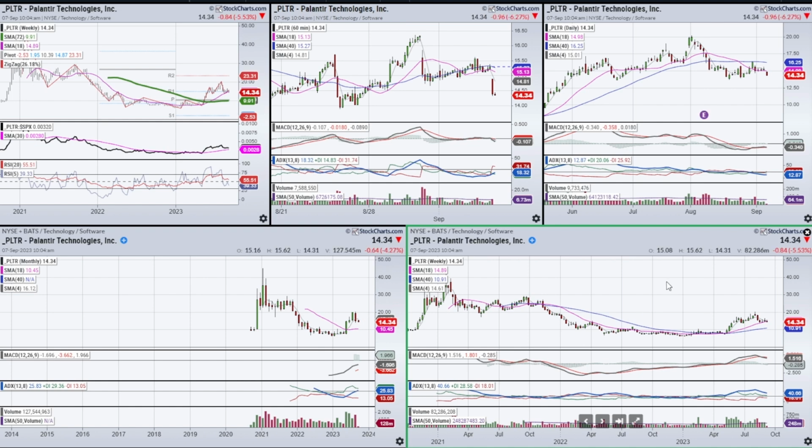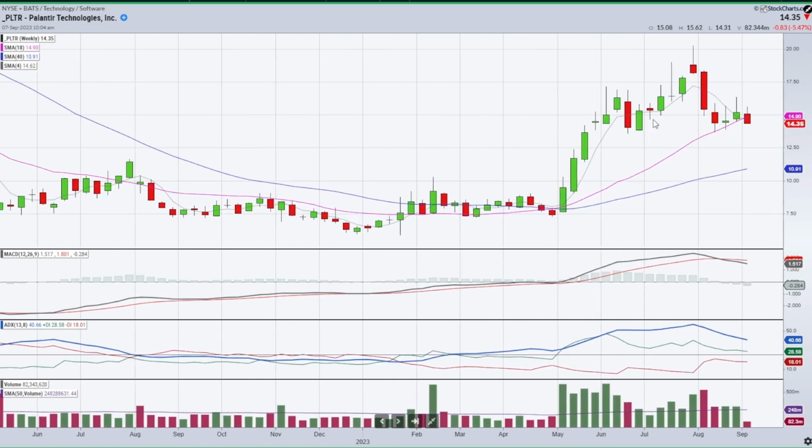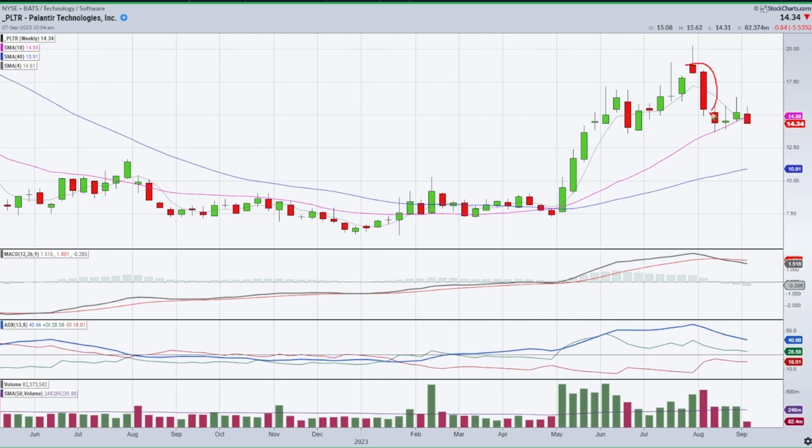Okay, PLTR. So the question obviously on this one was, before we got this big drop today, was this setting up as a potential buy signal? And in a way it was. It meets a lot of the criteria from my book and my course. However, there's a couple things, and I talk about this right at the beginning of my course, and that's this big bar.